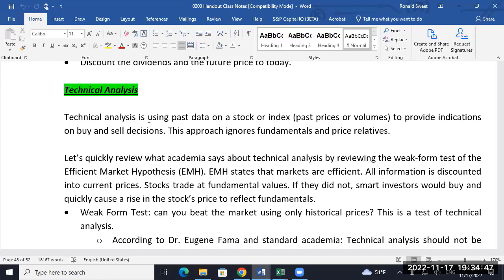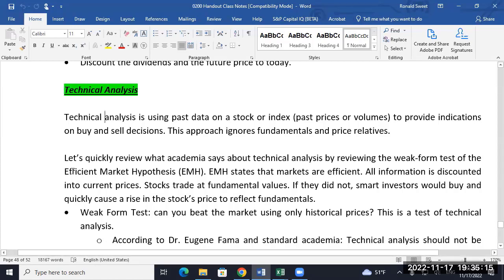It's pretty common. So you need to have at least a basic understanding so you don't come completely blind into interviews. Everything we've done in this class has been fundamental analysis. Now we're going to do technical analysis. We did some relative value analysis as well. Technical analysis is using past data on prices or volumes to try to figure out where the stock's going next.